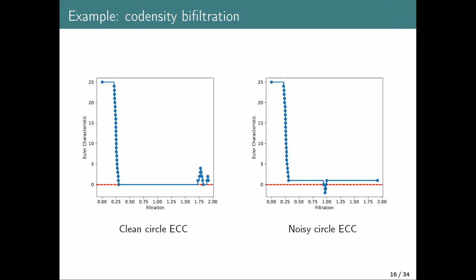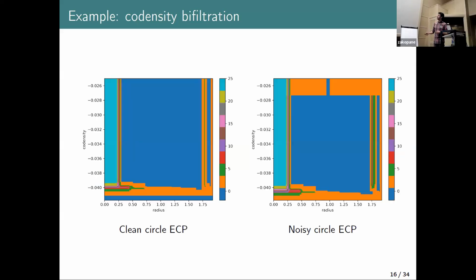So what can you do to remedy this? Well, maybe instead of just doing it for this radius parameter, you can also add another dimension that measures the density or the codensity. I say codensity because I want to include points in very dense regions first. If you do that and compute the Euler characteristic profile, you get these things.